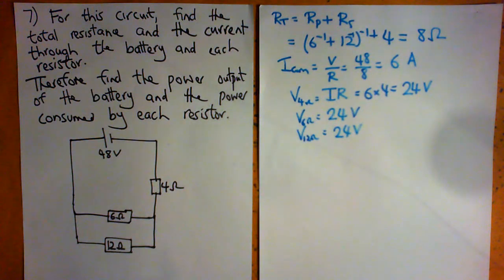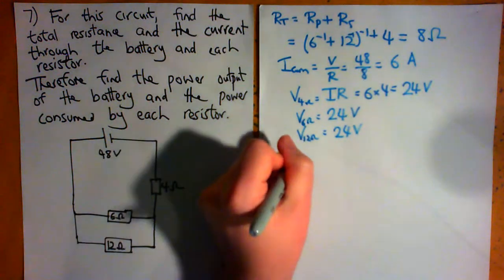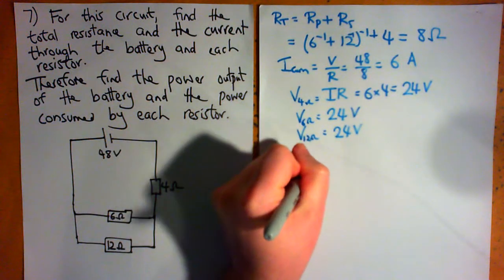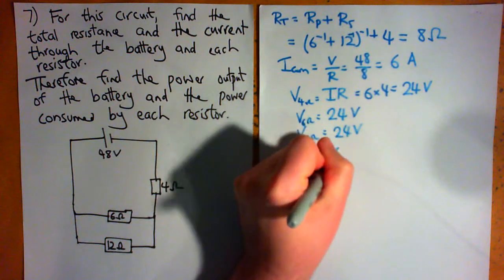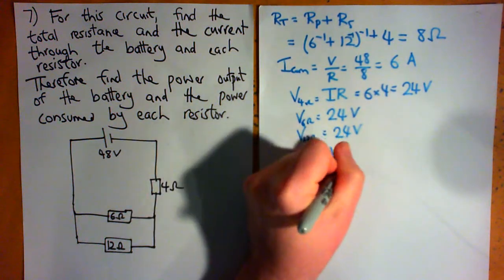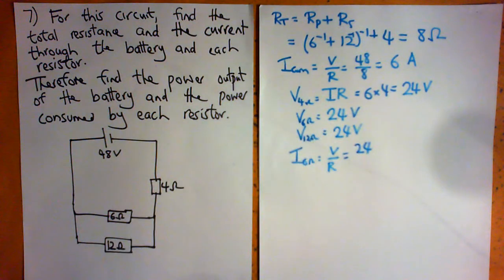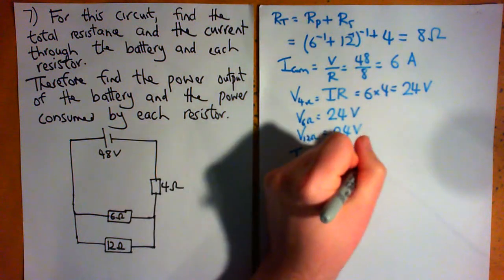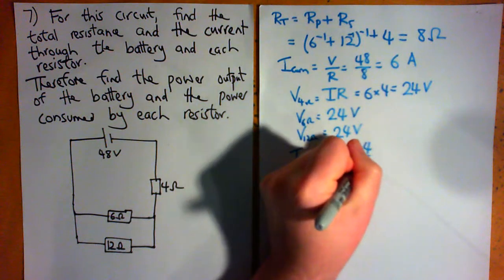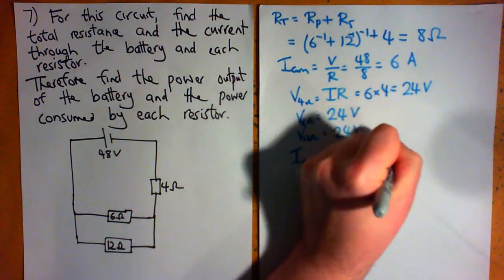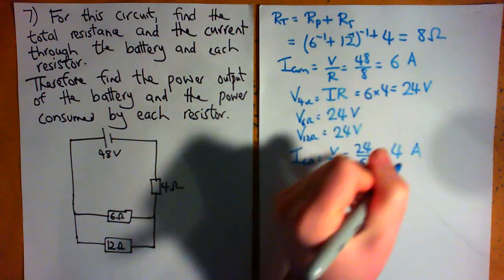Okay, so we've got the voltage across each resistor. Now we need to find the current through the 6 ohm and the 12 ohm resistors. The current through the 6 ohm resistor is V over R. We've just found the voltage across it to be 24 volts, and dividing by the resistance, 6, gives us 4 amps.